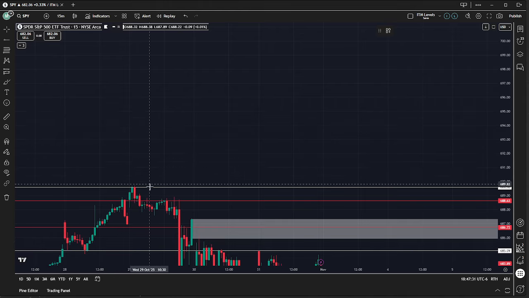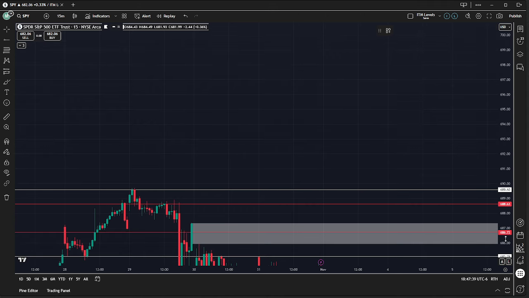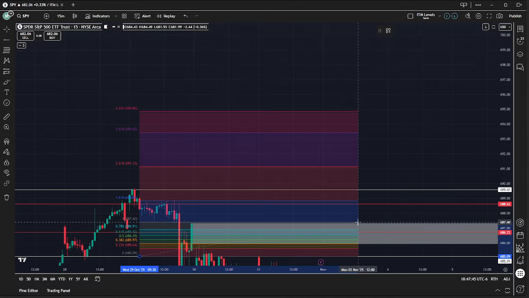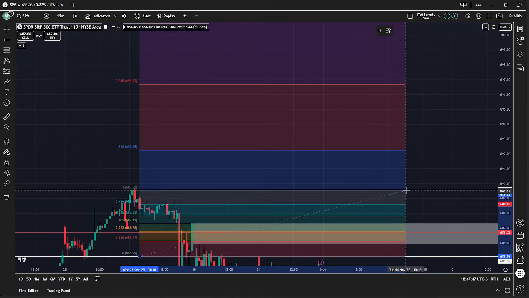So I'm gonna draw my fibs. I'm gonna draw from my last key pivot right here, 685.09, and I'm gonna start the fibs right here and drag it all the way up to our last key pivot up here, which is 689.60.